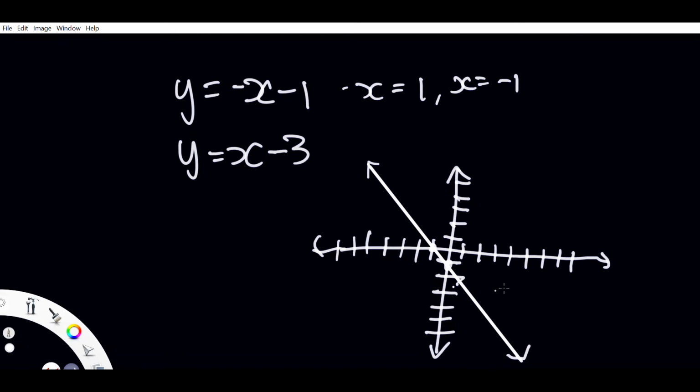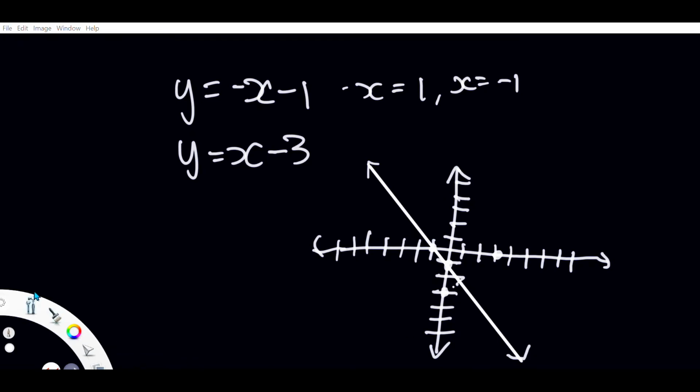Now let's graph one more line, which is y is equal to x minus 3. So finding the x-intercept and y-intercept: y is equal to x minus 3, substitute y with 0. So we get the x-intercept as 3, so 1, 2, 3, and the y-intercept as negative 3, so 1, 2, 3.